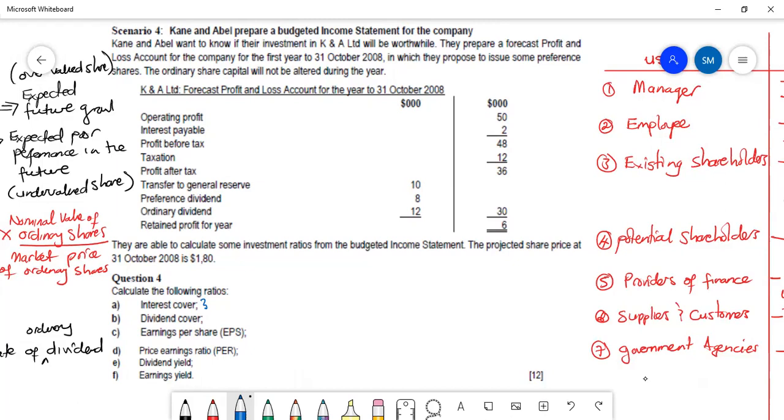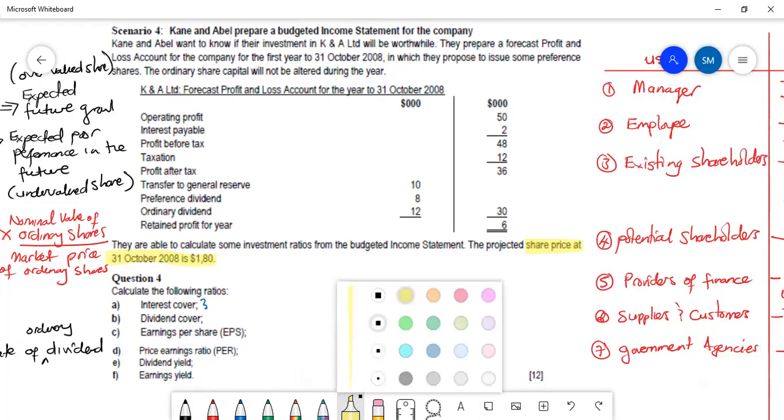And then we were told that they were able to calculate some investment ratios from the budgeted statement. The projected share price at 31 October 2008 is $1.80. Remember when I said that they usually give you the share price.